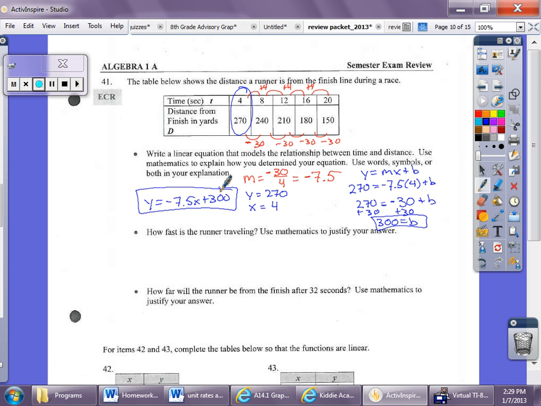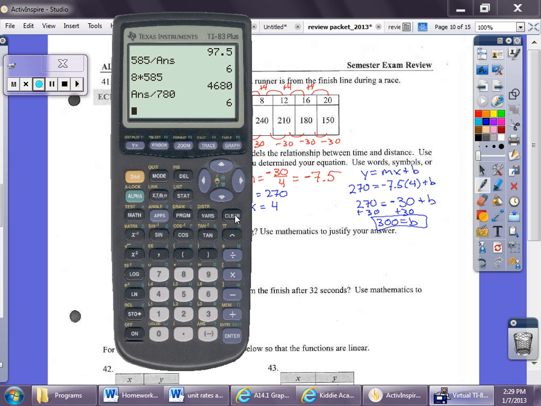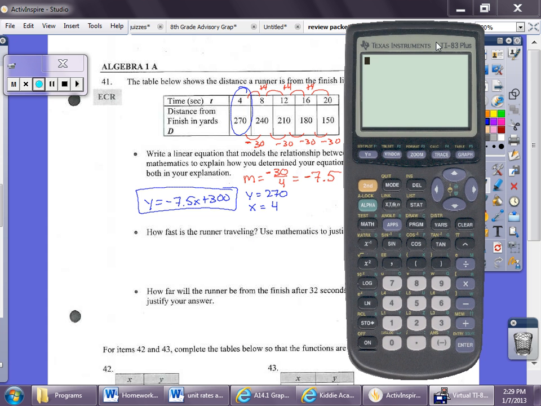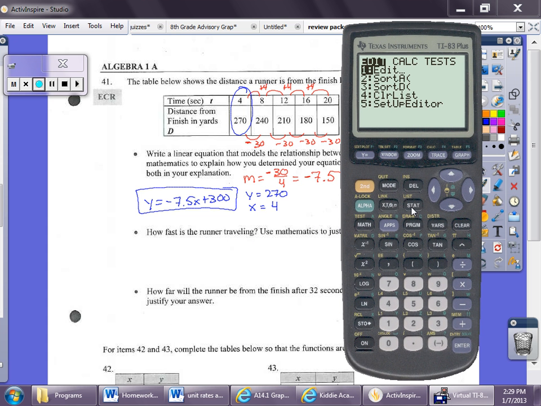The other way we could have found this equation is we could have used our calculator and simply gone to stat and edit and typed in 4, 8, 12, 16, and 20. And then in L2, we type in 270, 240, 210, 180, 150.